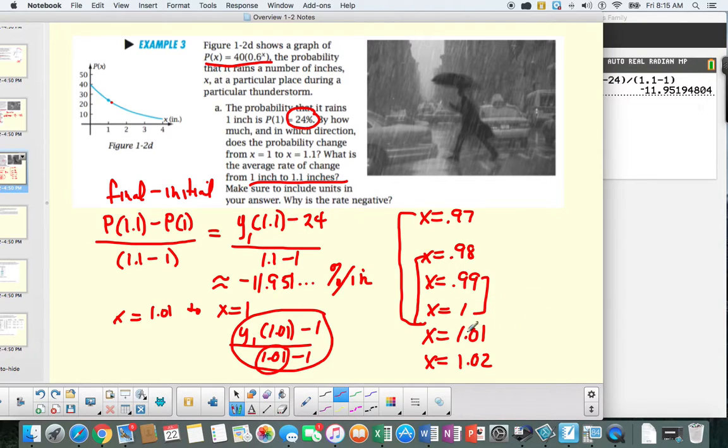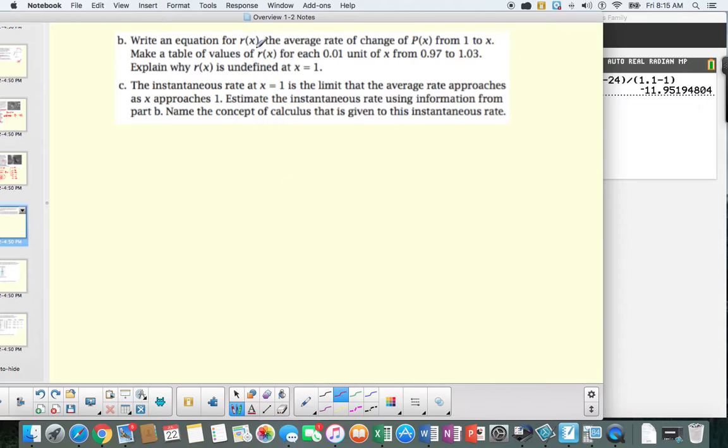And we're going to do it not by hand, but we're going to let the calculator help us. Now, how are we going to do that? Well, we're going to do that by creating an equation for rate. And so our rate equation will be equal to the function minus the y value of the point that we're targeting, which is p of 1, all divided by x minus 1.